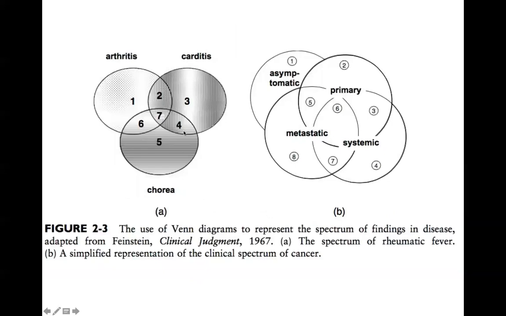So this is related to probabilistic models. You can see in the clinical setting, people, especially physicians, are struggling with this. You can see here arthritis, carditis, and chorea. All of these share similar symptoms.